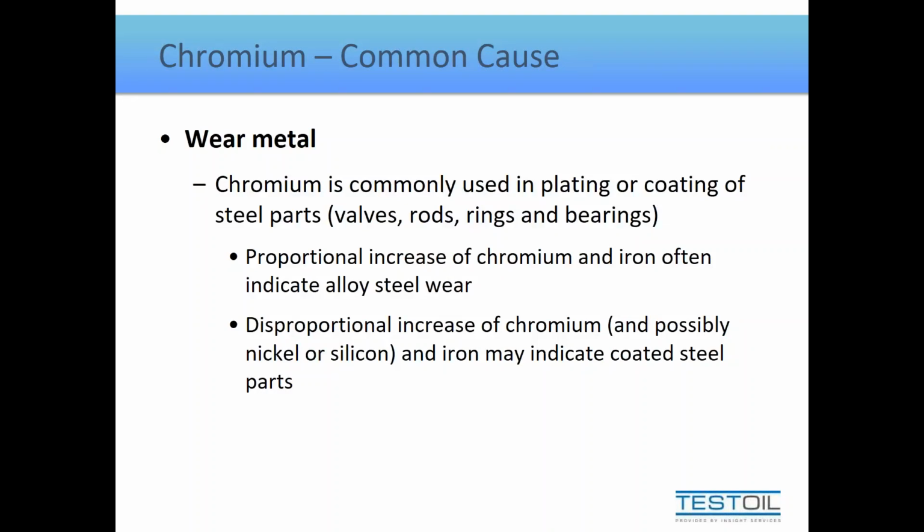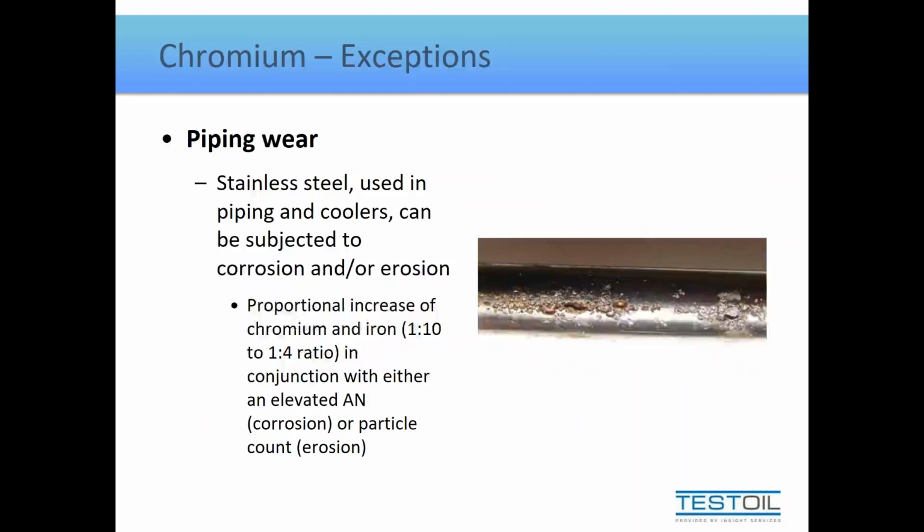One of the other sources of chromium, though, would be from stainless steel. So you will still see a proportional increase with iron, but in this case, if you're looking at a system and saying, well, it doesn't have any steel alloy parts, where could it be coming from? It might just be coming from the lubrication piping.